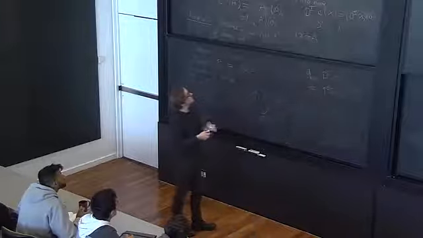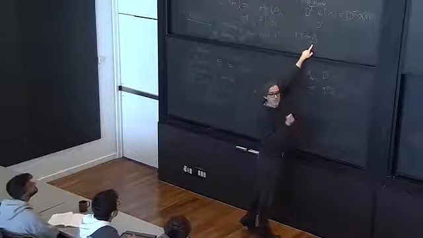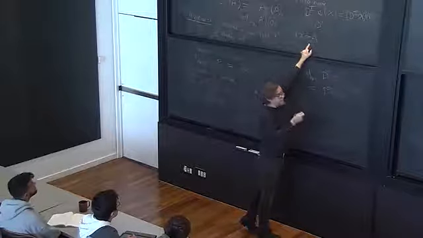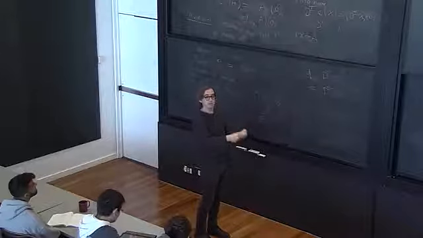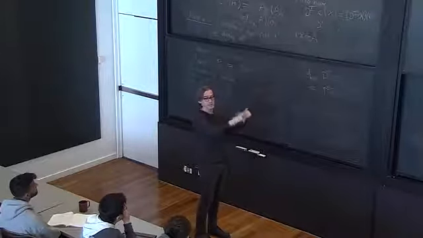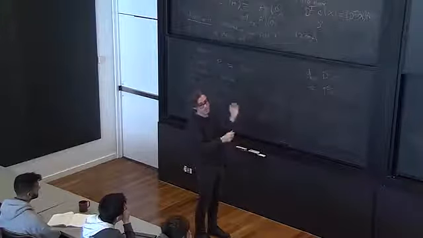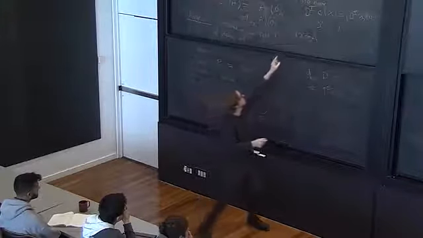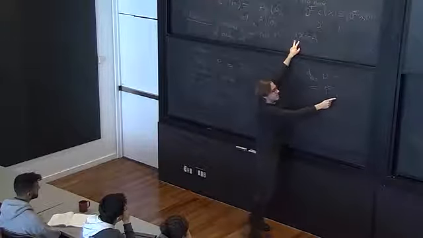O_i is a functional of the gauge field which takes its component. And this BRST differential is supposed to measure the failure of that to be gauge invariant. How does that function transform when I change my field by a gauge transformation? So if I apply a gauge transformation to that, I'm going to pick up the derivatives of the gauge transformation. So I get that term.